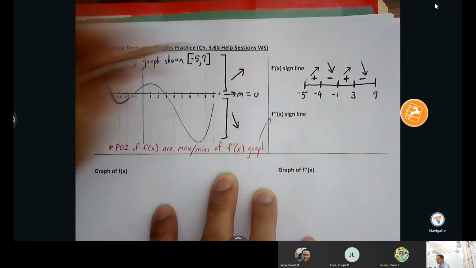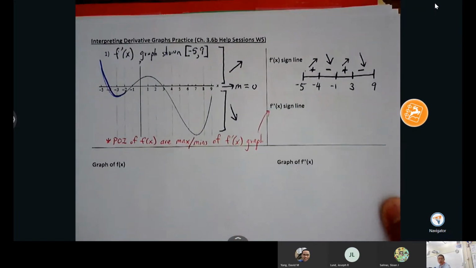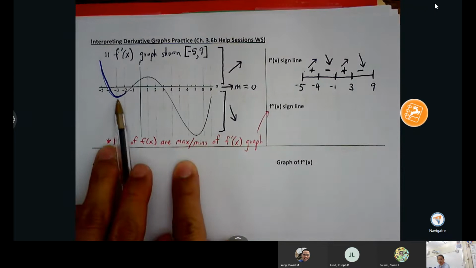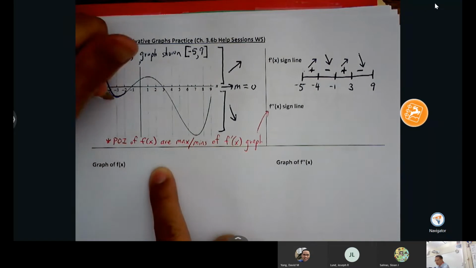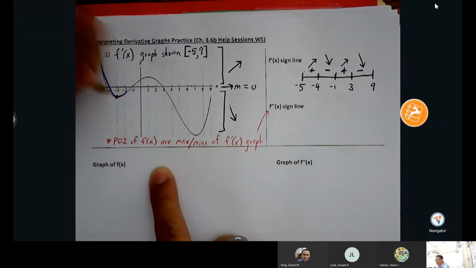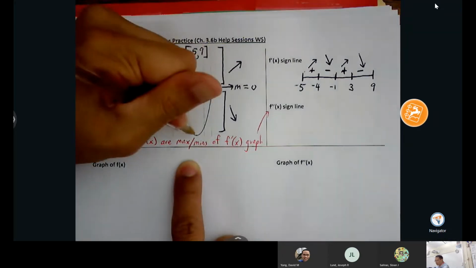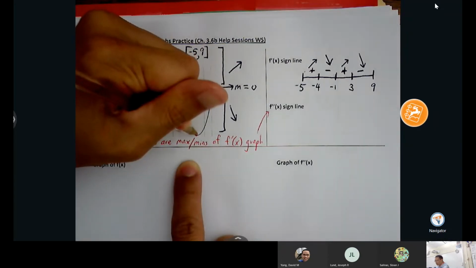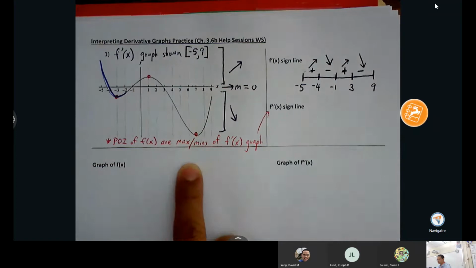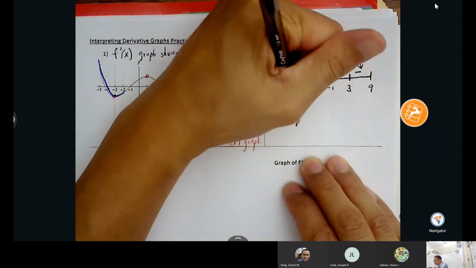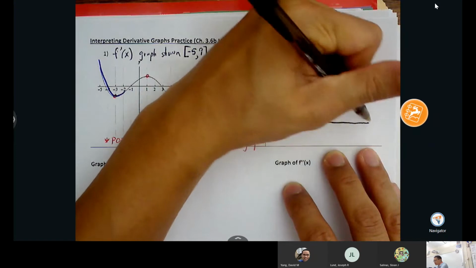Okay, and that's where we start as we build our second derivative sign line. So we pick off the peaks and valleys: -3, 1, 7. Okay, so they go onto my second derivative sign line.